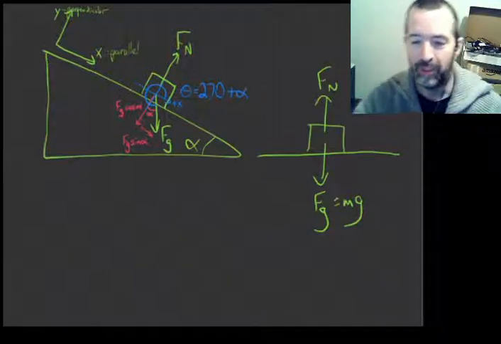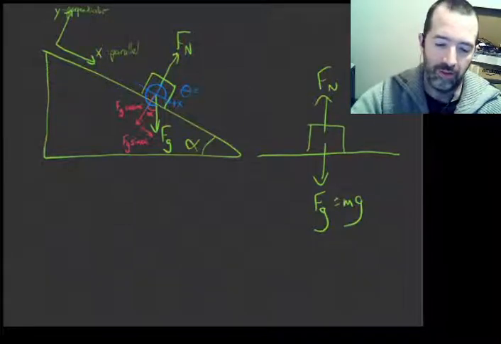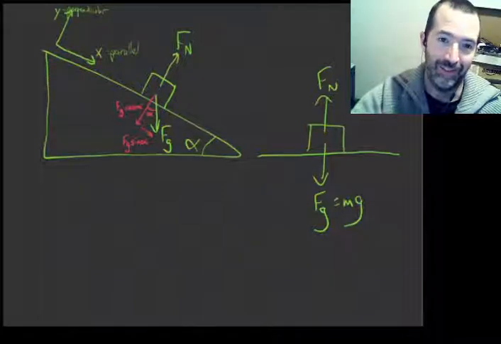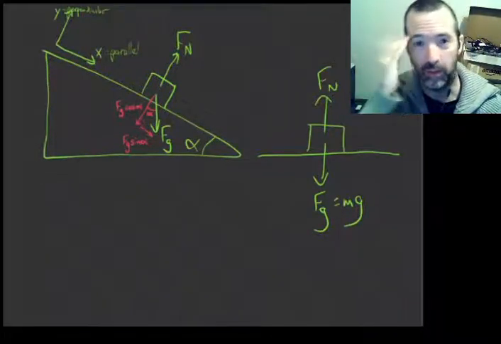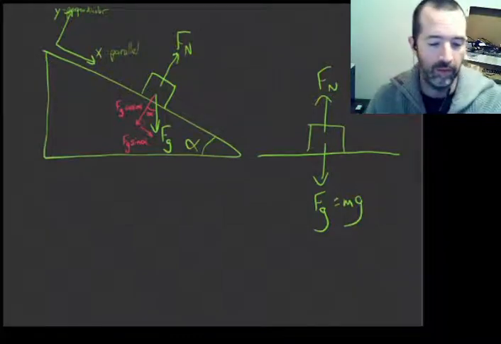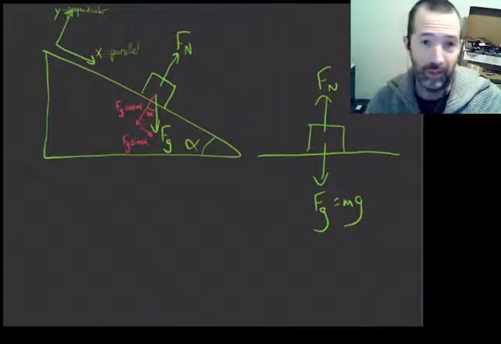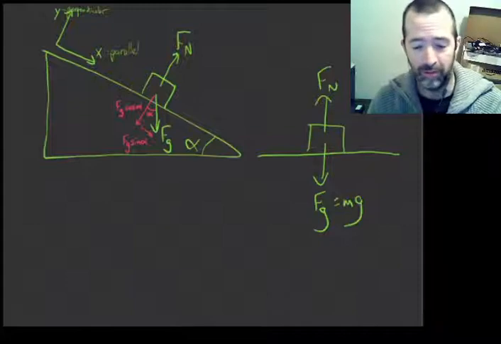But frankly, I think it's easier to just forget about all of that and either just remember, on a ramp I have to swap them, or you could actually draw the triangle for yourself and think through it.